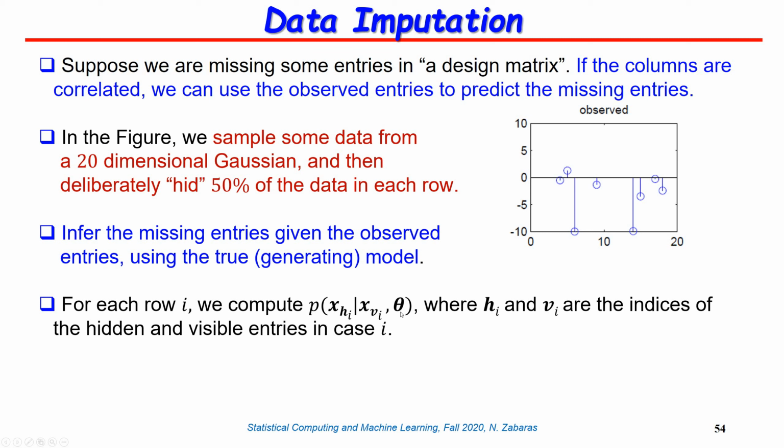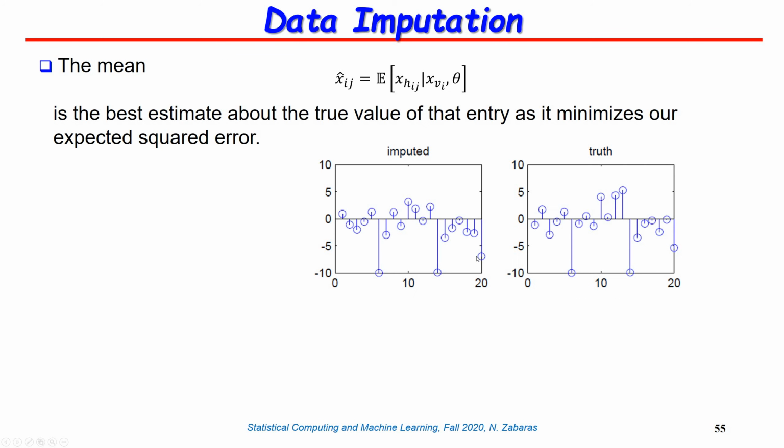But in the results, the parameters theta, so the mean and the covariance, are the true values, right? And you only do this conditional distribution as we highlighted in the previous example, and also in the general formulas that we produced.